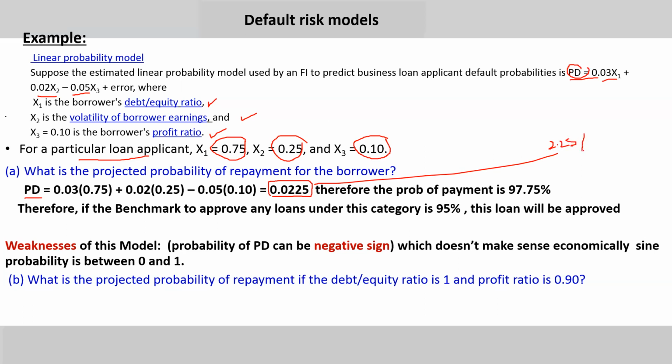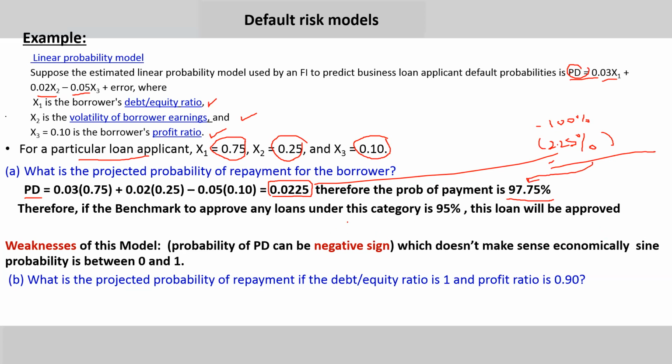If I give a loan to this guy, if the defaulting is 2.25, then the probability of payment is the rest of the 100%, which is 97.75%, or 1 minus this one.